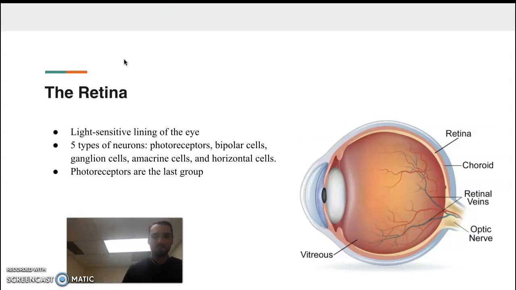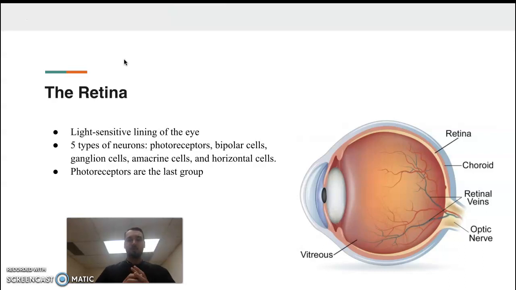Okay, so to start off, the retina is the major part of the eye. It is the light-sensitive lining that is in the back of the eye, as you can see in the depiction. It encompasses 5 different types of neurons: photoreceptors, bipolar cells, ganglion cells, amacrine cells, and horizontal cells.